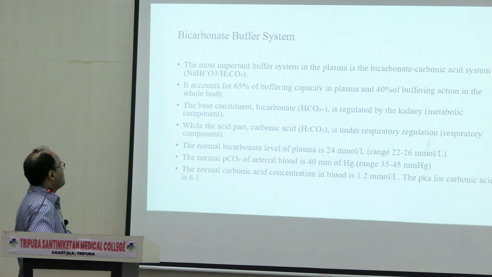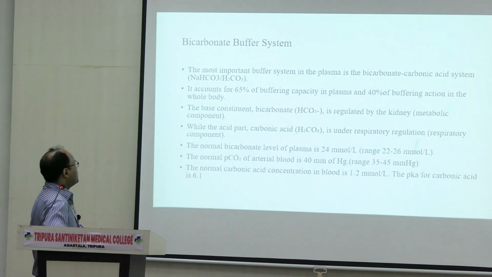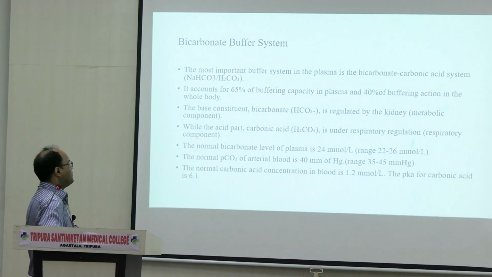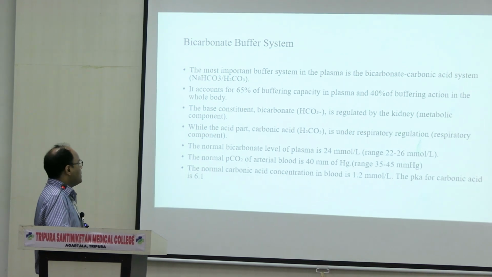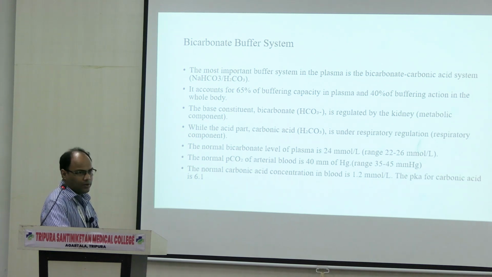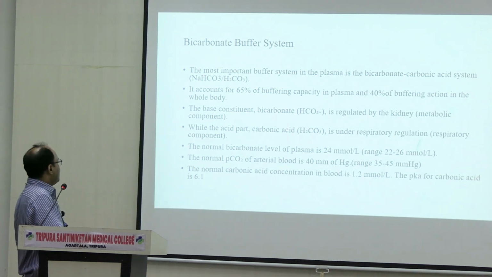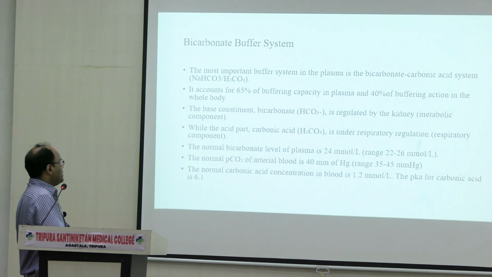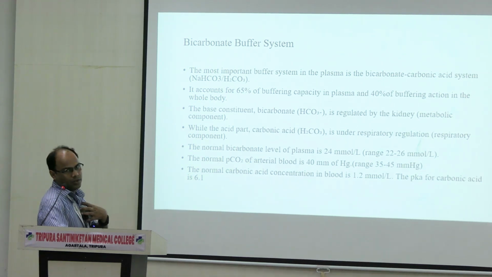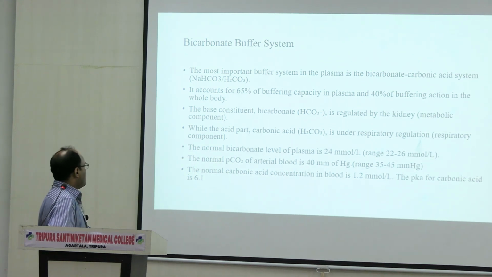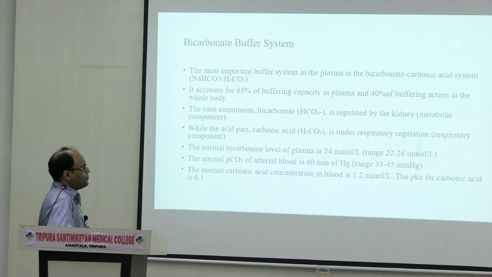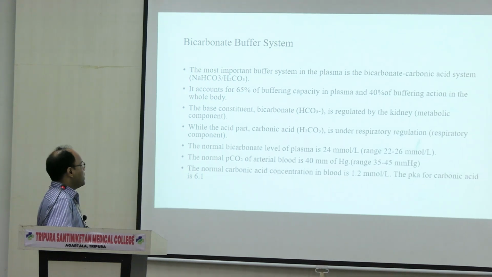The bicarbonate buffer system accounts for 65% of buffering capacity in plasma and 40% of buffering in the whole body. The bicarbonate is regulated by the kidney, which is the metabolic component, and carbonic acid is regulated by the lungs, the respiratory system. It is called the respiratory component. Normal bicarbonate, as I told earlier, is 22 to 26 millimole per liter.